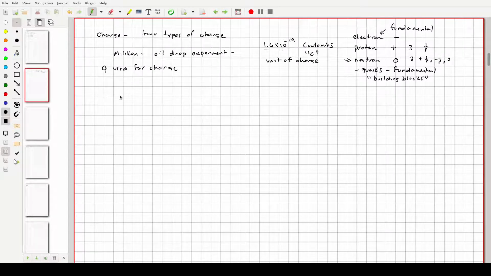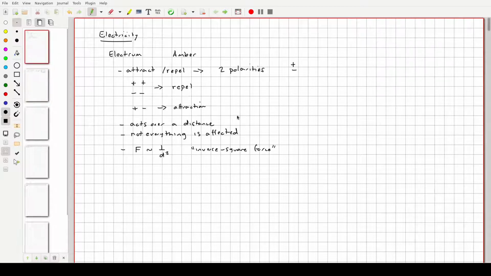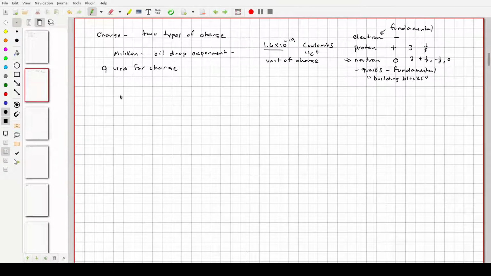Now, as I had mentioned earlier, not everything is affected by this charge stuff, which implies the existence of things that are affected. Things that are affected by charge many times fall under the header of conductors.